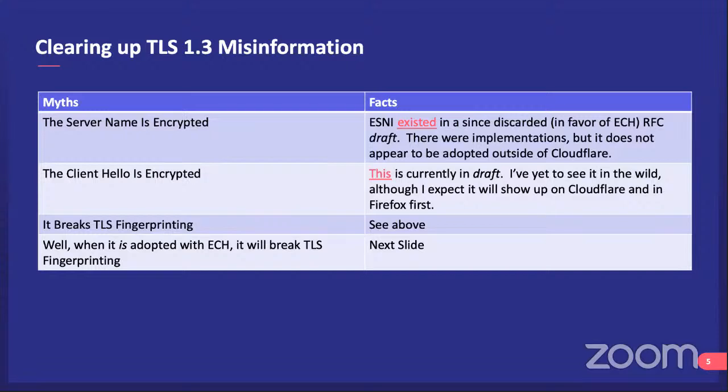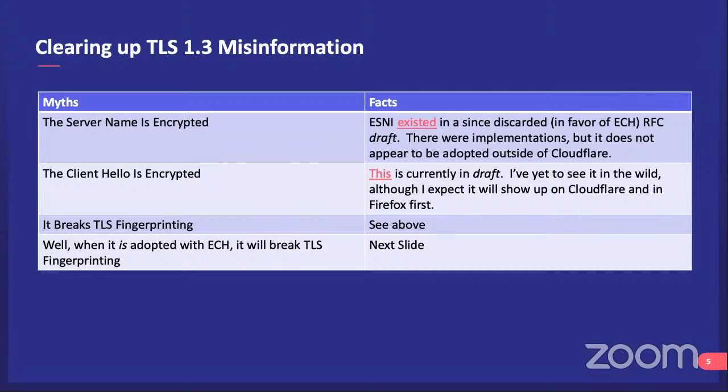So the first one is the server name is encrypted. The screenshot that you saw was an example of an encrypted SNI packet in Wireshark. That was captured by using basically the ESNI tester with Firefox and Cloudflare.